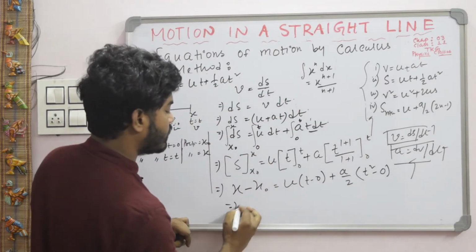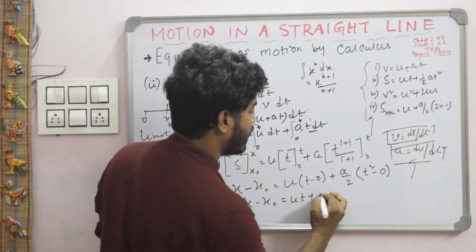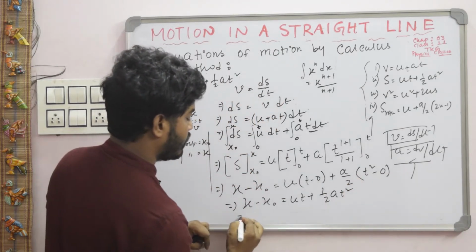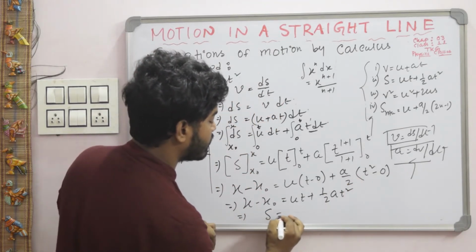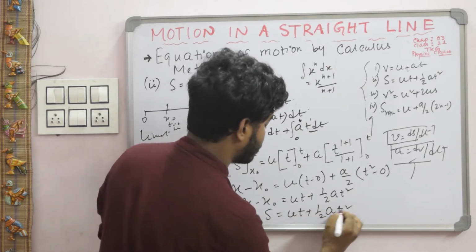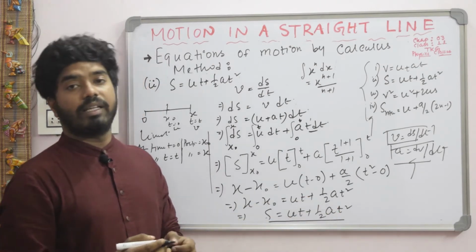So x minus x naught is equal to ut plus half a t square. What is x minus x naught? That is s. So s is equal to ut plus half a t square. This equation is the distance-time relation.